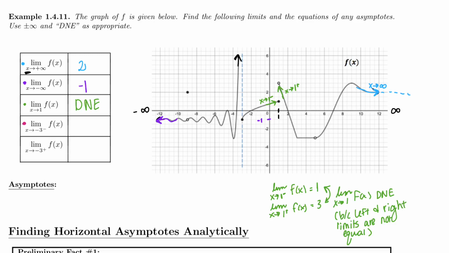And what are we getting for approaching -3 from the left, from the negative side?